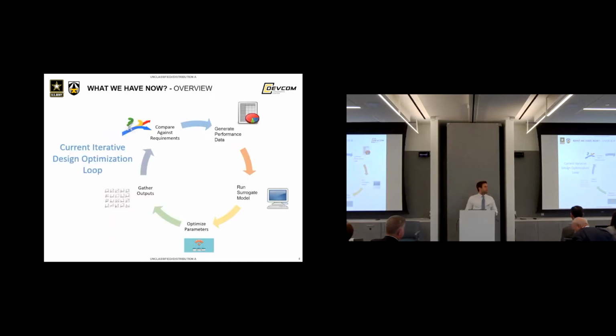So what we have now is just a basic design loop. We get requirements in from the customer, we generate some data using our model through the surrogate model, we optimize the parameters, gather inputs, and then put it into a trade study for our customer, an iterative process until we get the answers that our customer was looking for.